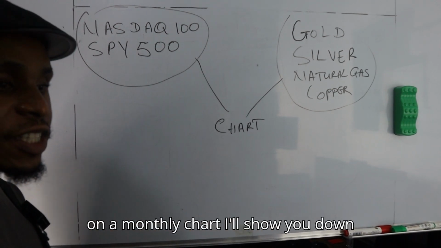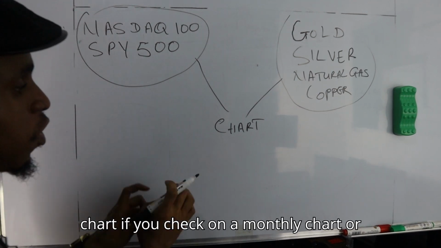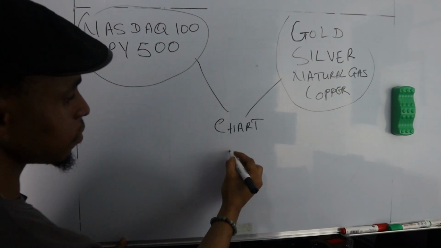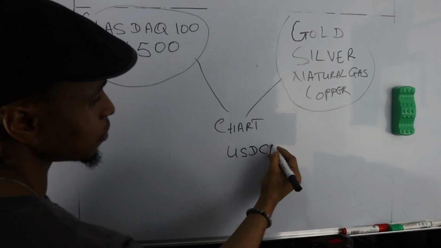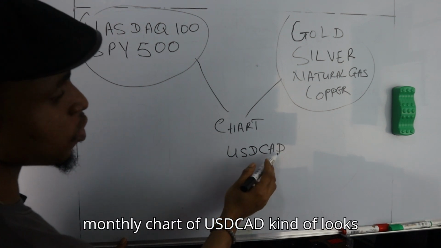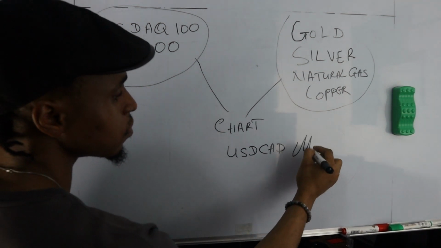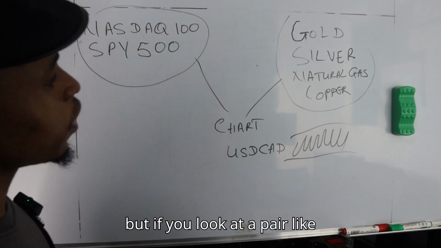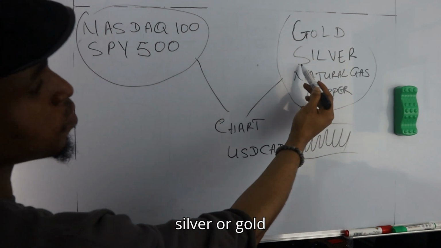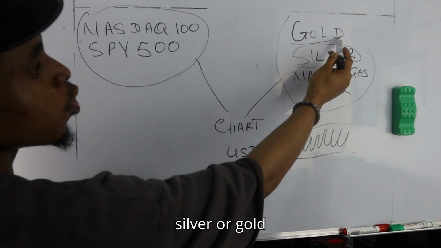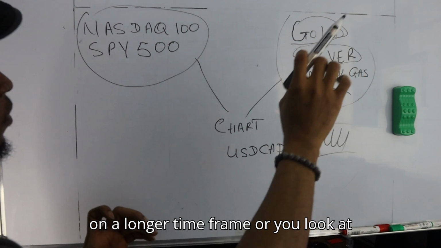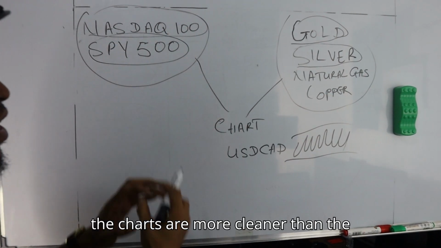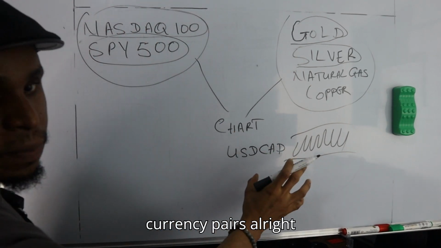If you check on a monthly chart, I will show you that on the chart. If you check on a monthly chart or a weekly chart of USD/CAD, the monthly chart kind of looks something like this. But if you look at a pair like silver or gold on a longer time frame, or you look at Nasdaq or S&P 500, the charts are cleaner than the currency pairs.